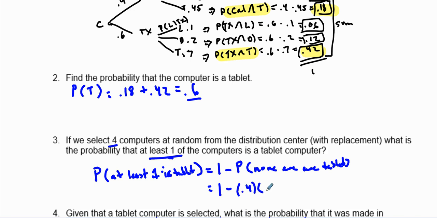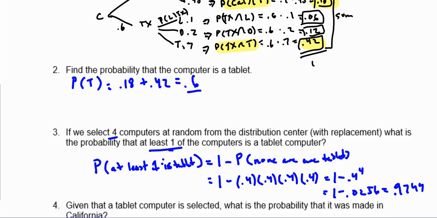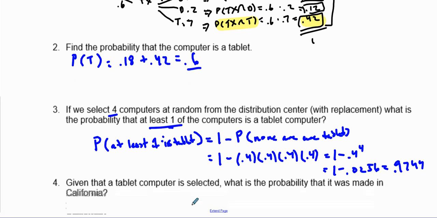We do that 4 times: 0.4 times 0.4 times 0.4 times 0.4, which is 1 minus 0.4 to the 4th power. 0.4 to the 4th power is 0.0256, so we have 1 minus 0.0256, which gives an answer of about 0.9744. That is the probability of at least one being a tablet. Pretty good odds.